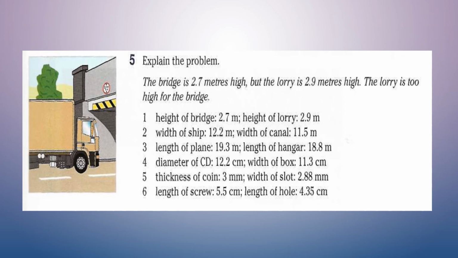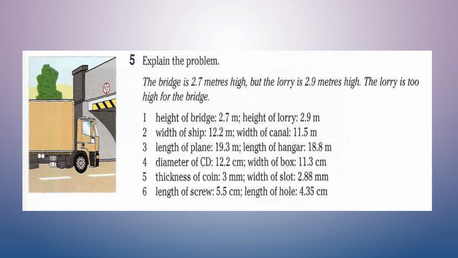The bridge is 2.7 meters high, but the lorry is 2.9 meters high. So you think it can pass? The lorry is higher than the bridge. The lorry is too high for the bridge. It's higher than the bridge.